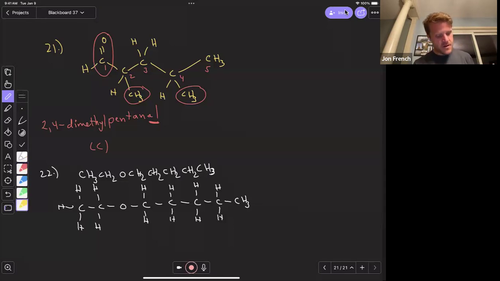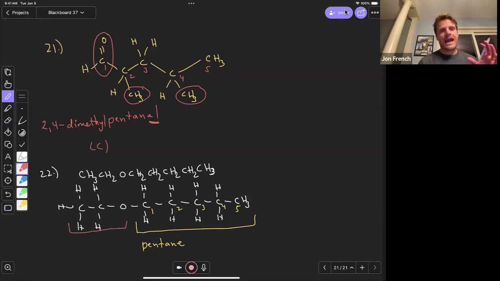The largest half here, I've got 1, 2, 3, 4, 5 carbons. So 5 carbons is pentane. And my prefix comes from the shorter half, and I'm going to add the oxy to indicate the oxygen is there. So this would be ethoxypentane. Ethoxy from the 2 carbons there, the oxy indicating the oxygen, and then pentane meaning my longest carbon chain.